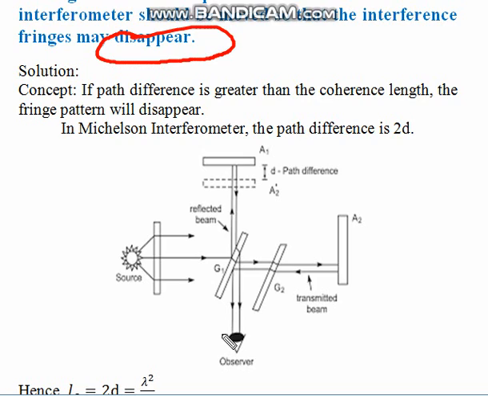The question is, how should we move either mirror so that the interference pattern will disappear? Let's concentrate on one mirror. Suppose this mirror is displaced by a small distance d. What will happen?